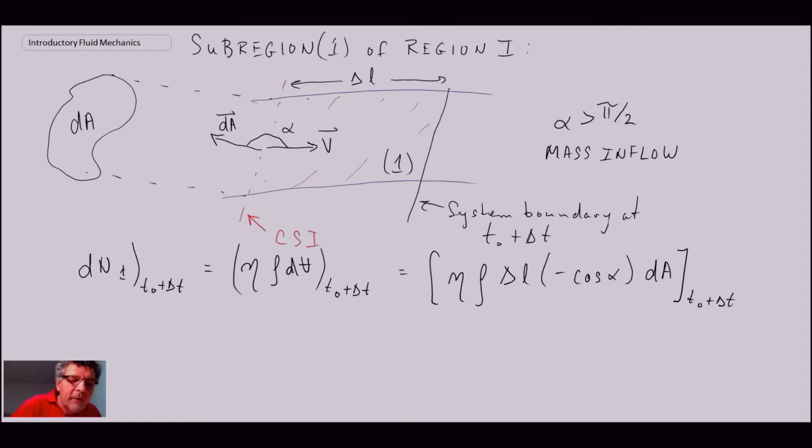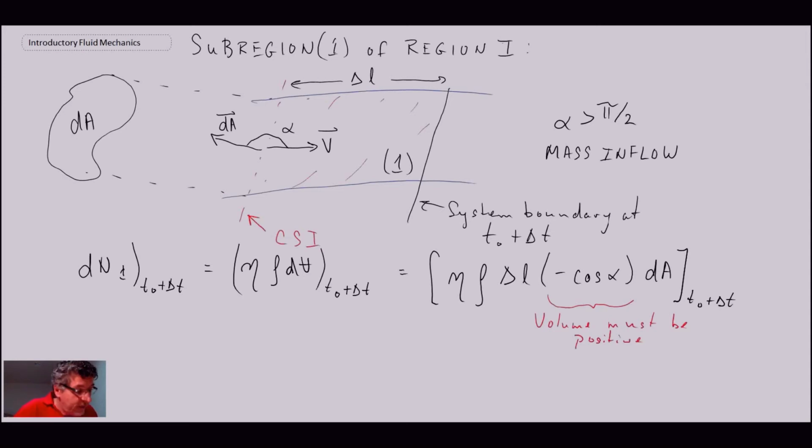And you might be wondering, why did I put in a minus cos alpha? That's because we want the volume to be positive. And we know with the way the sign convention is that it would come out negative if we didn't do that. So we put in a negative cos alpha in order to make it positive.